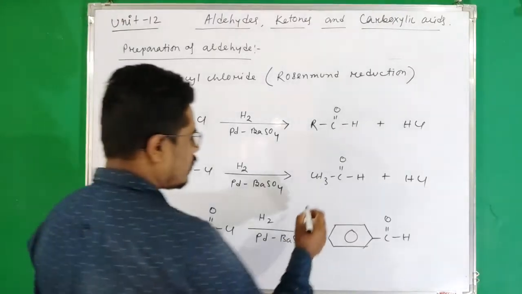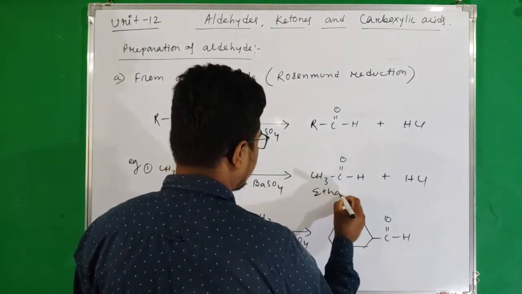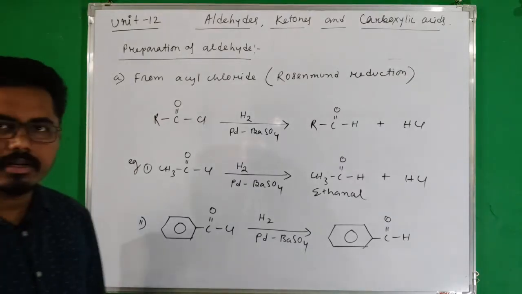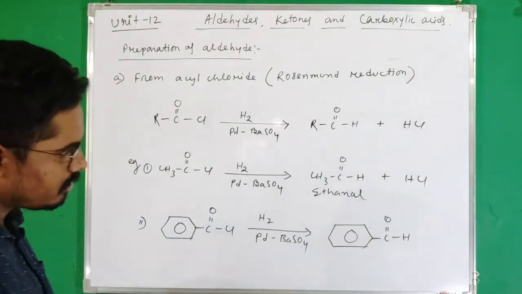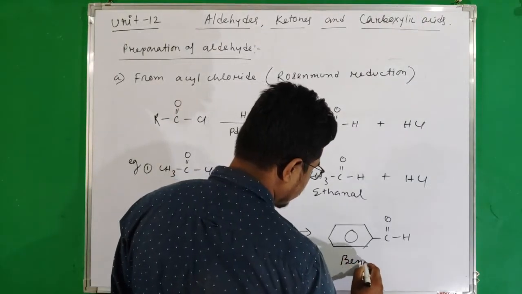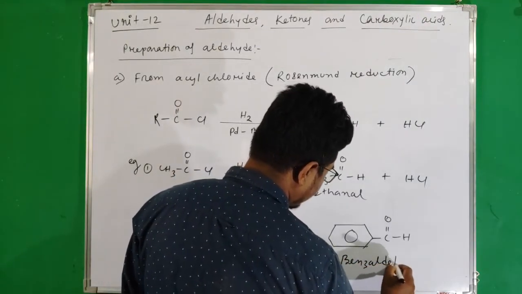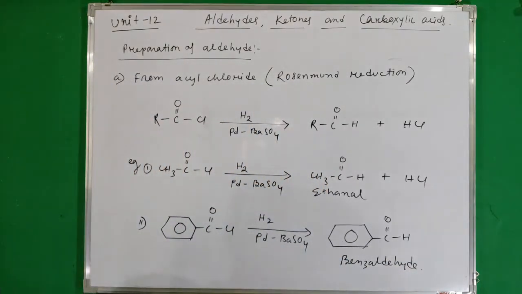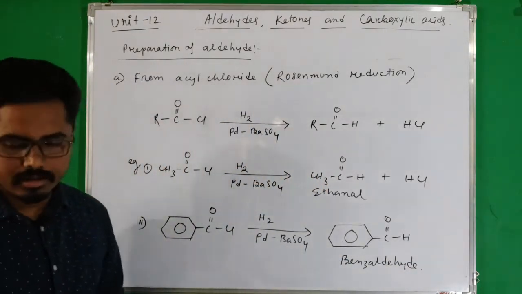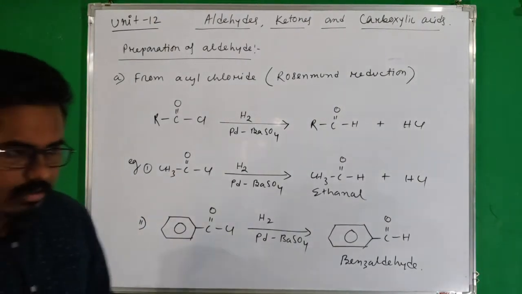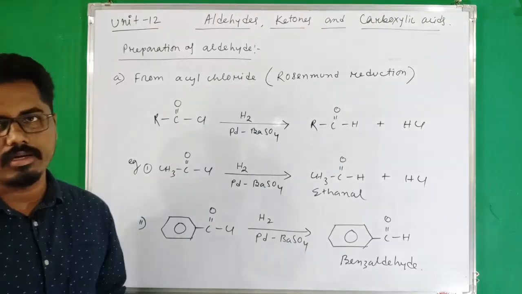This one is ethanal. We have already studied the IUPAC nomenclature of aldehydes and ketones. This one is ethanal and this one is benzaldehyde. This reaction is known as Rosenmund reduction, and the reaction is very important. In exams, generally questions are asked from Rosenmund reduction.